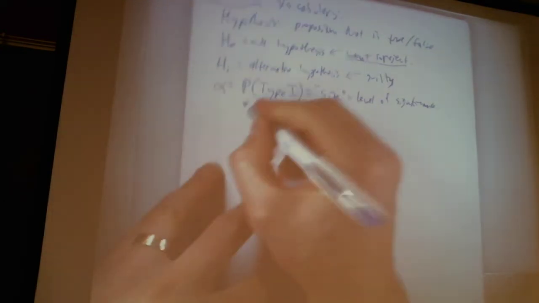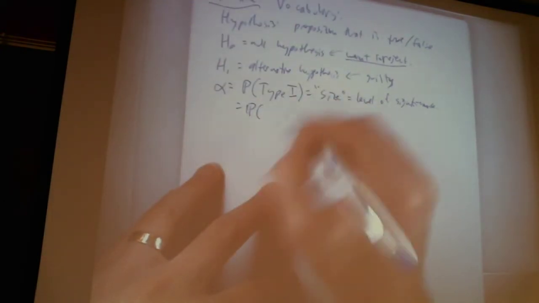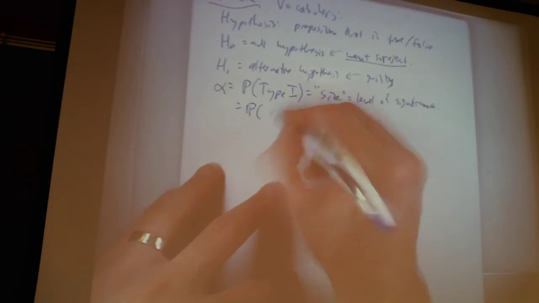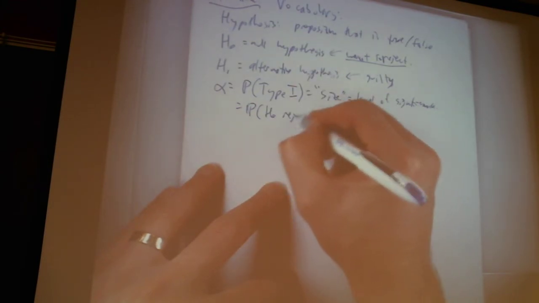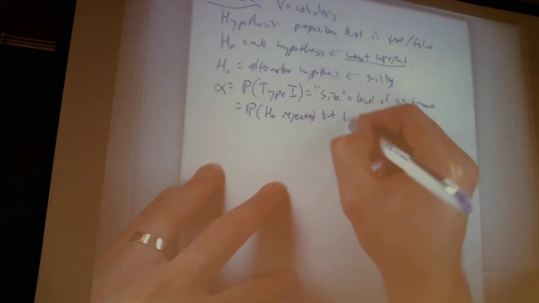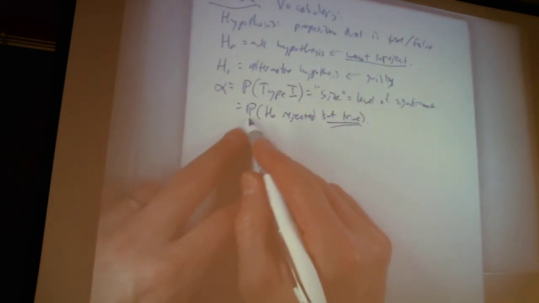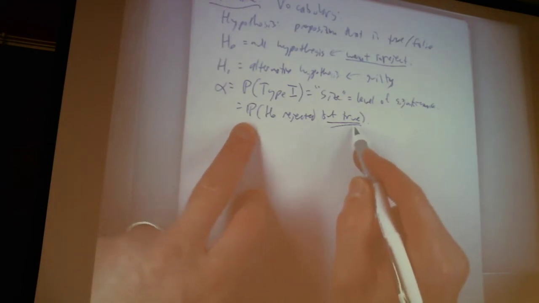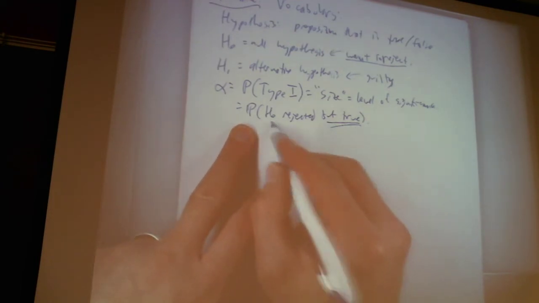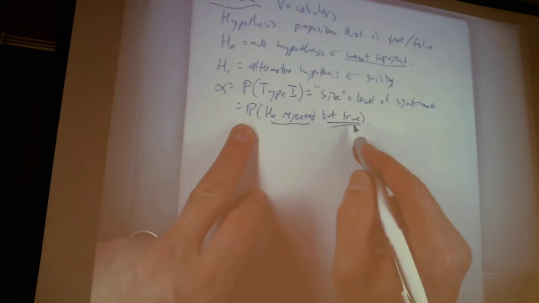So the type 1 error is when the null hypothesis is rejected but true. Okay? And I'm writing it like this, but it's not that there's a probability of it being true. It's the probability that it's rejected, assuming that it is true.